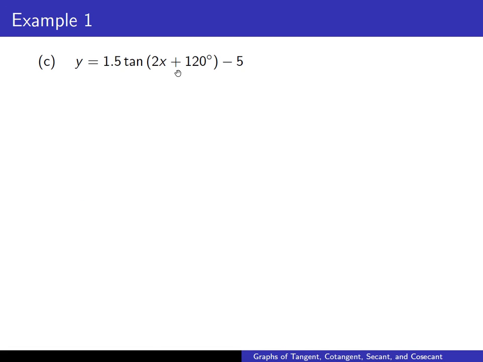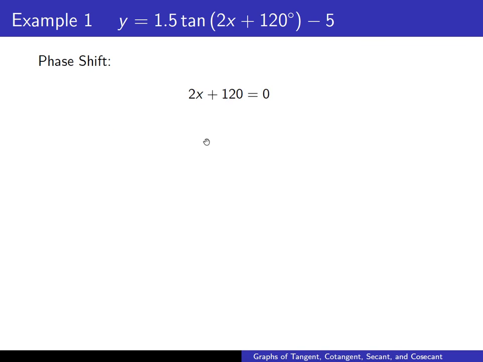Example C, 1.5 times the tangent of 2x plus 120 degrees, and then outside the parentheses, minus 5. No amplitude again. Period, this time 180 degrees divided by this 2 that's in front of the x. 180 degrees divided by 2 is 90 degrees, so we get a full cycle with 90 degrees. Speaking of shifts, phase shift, we can set 2x plus 120 equal to 0.